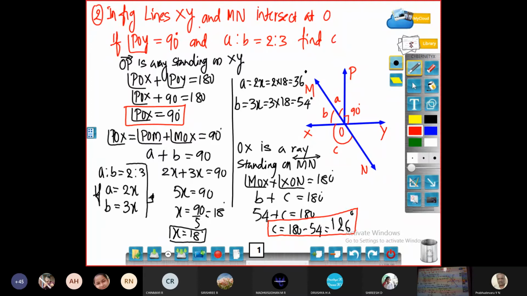Same. You can do like that also. And we can take that YON is vertically opposite to XOM. Then again 180 minus 54. Same thing. You can do one question in different ways.